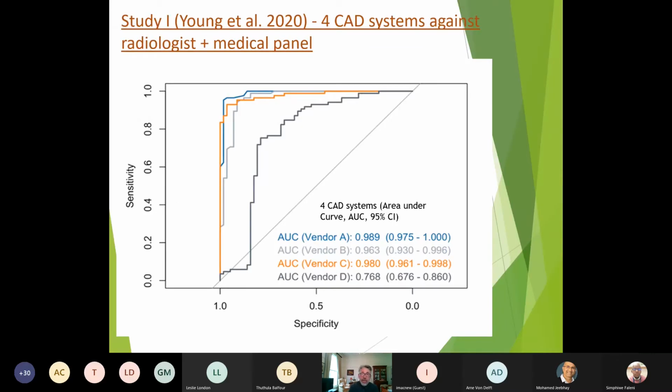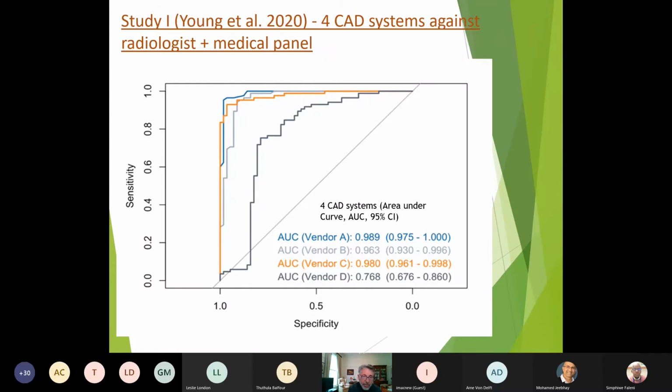Okay, so this is a study that was done last year with 4 different CAD systems provided by different companies. On the y-axis you have sensitivity, on the x-axis specificity. They are trade-offs. As sensitivity increases, specificity deteriorates. And the ROC, receiver operating characteristic curve, is really a convexity away from the median diagonal. The closer it gets to the top left-hand corner, the greater the agreement between the CAD system and the reference value.